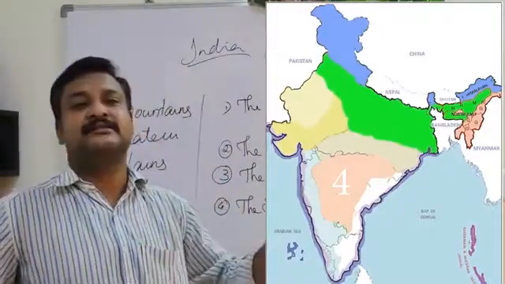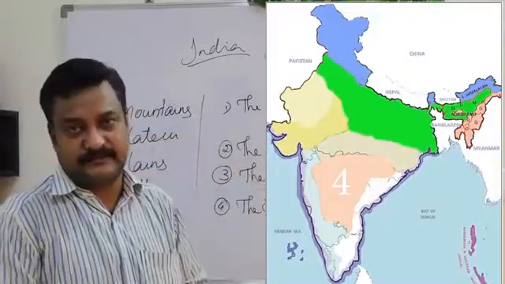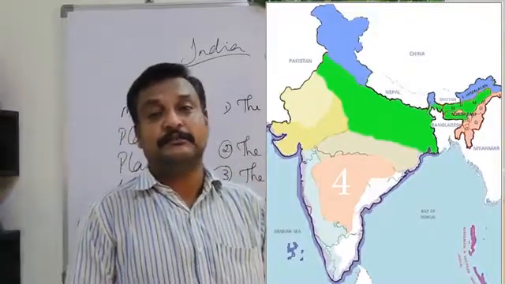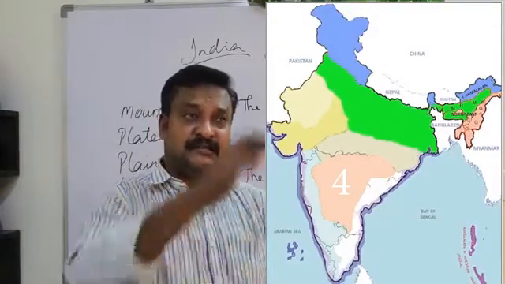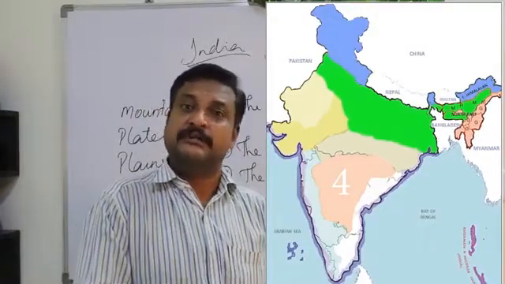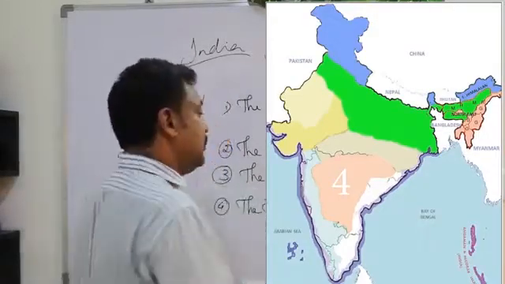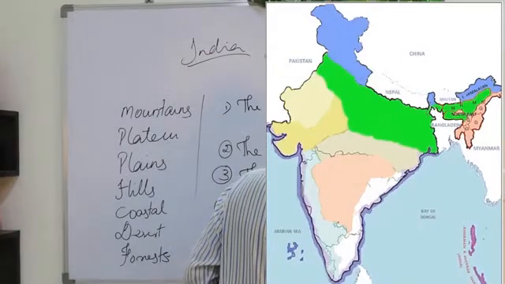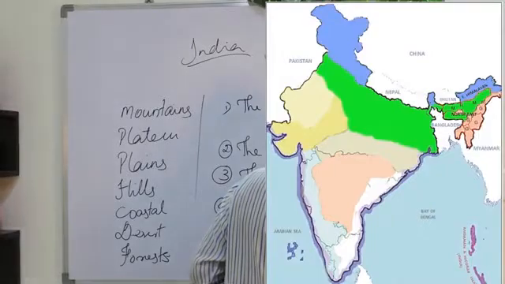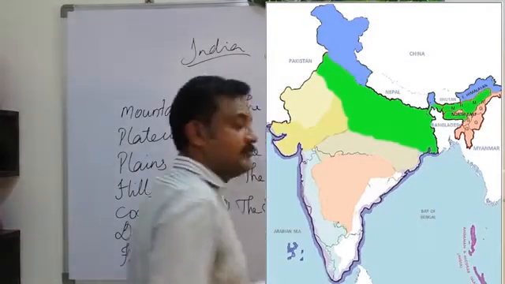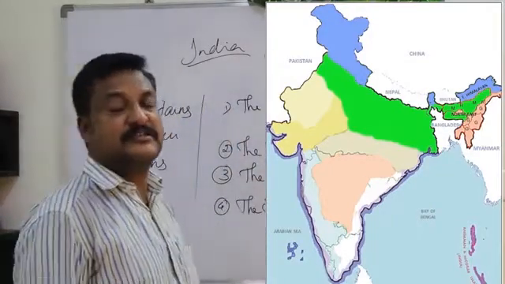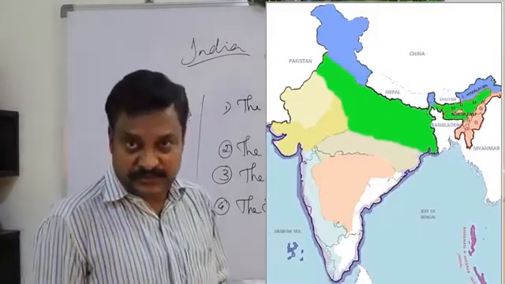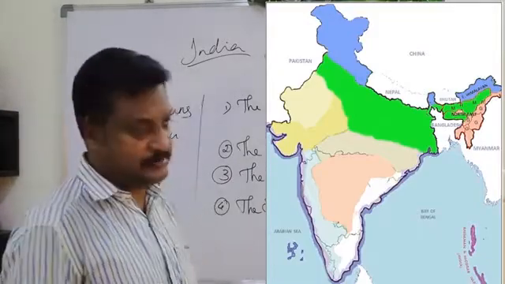In between the hills, there will be raised land areas. Okay, that is known as a plateau. And in the southern region of India, we have a big plateau. We also call it the Deccan Plateau. Okay, so the southern region is called the Southern Plateau or the Deccan Plateau.